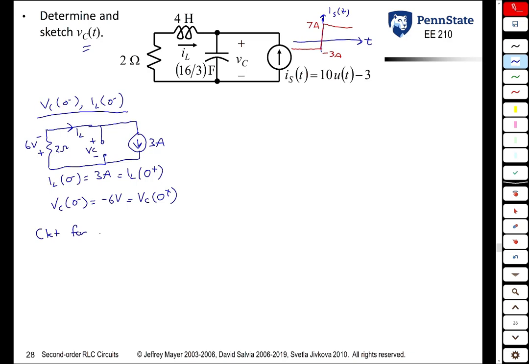So the circuit for t greater than or equal to 0, the resistor is unchanged. The inductor is now no longer a short. The capacitor is no longer an open circuit.